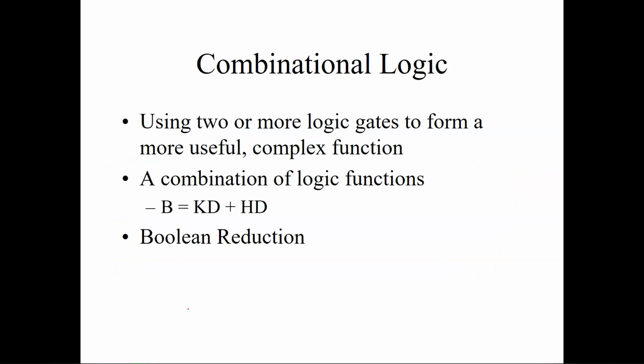Combination logic is using two or more logic gates to form more useful functions. Okay, so this is where things kind of get interesting, simply by virtue of combinations tending to be very interesting with a lot of stuff like this. And that's what we're going to be talking about.